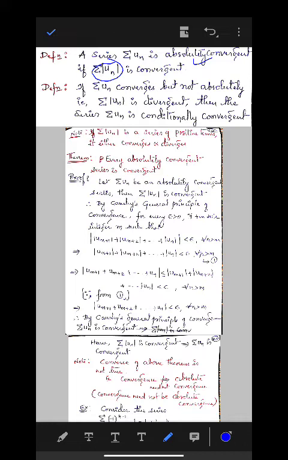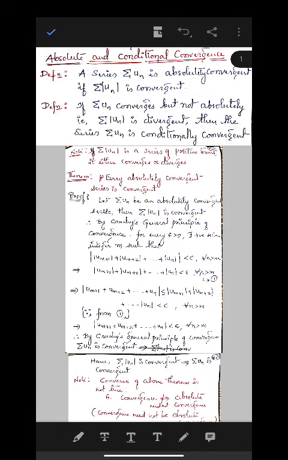Another definition: summation un is conditionally convergent when summation un is convergent but summation of modulus un is divergent, right? Those are the absolutely convergent and conditionally convergent definitions.